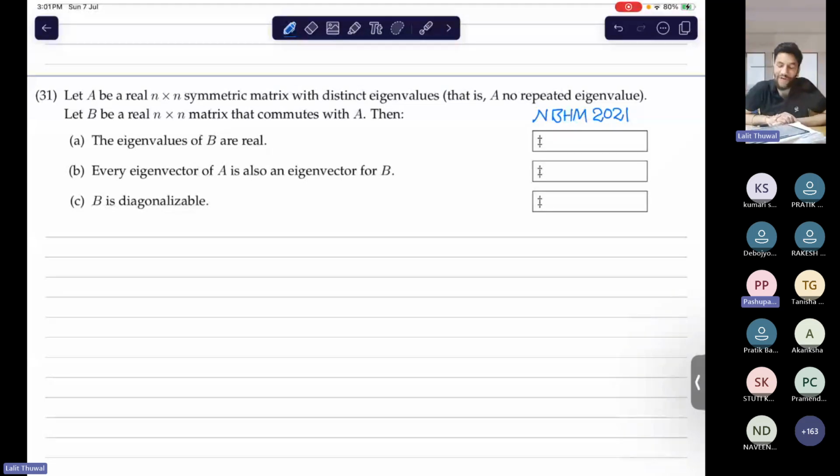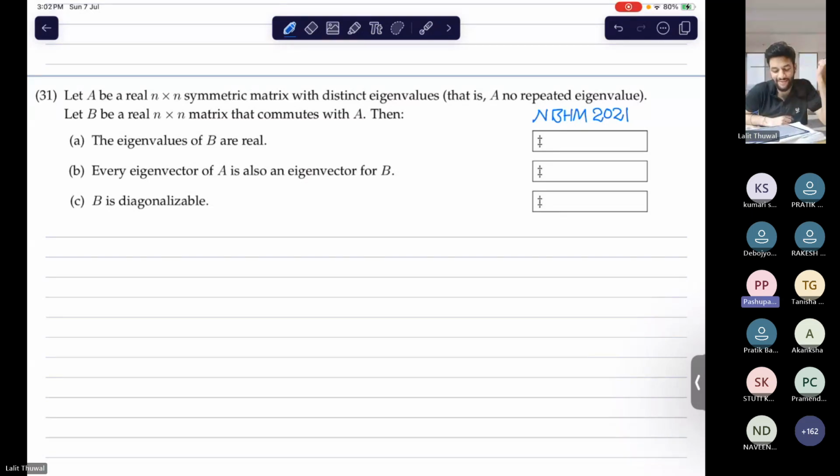Why is the first one true? Please explain one by one. Since A is a real symmetric matrix, B must be a polynomial of A. If the eigenvalues of A are real, then the eigenvalues of B are also real.